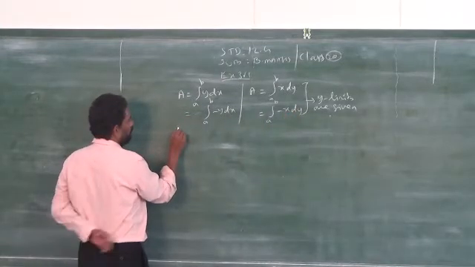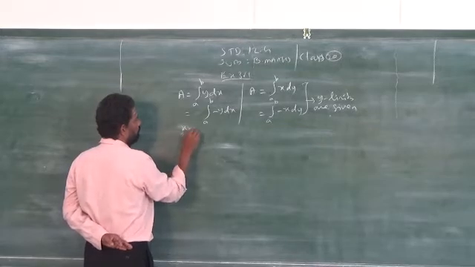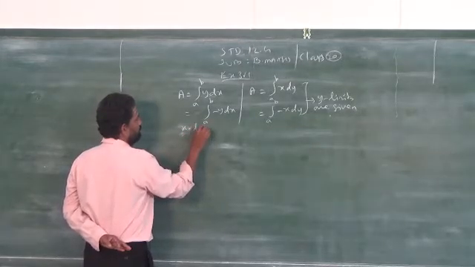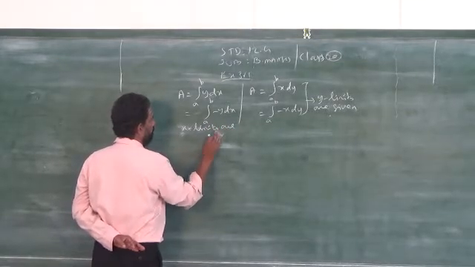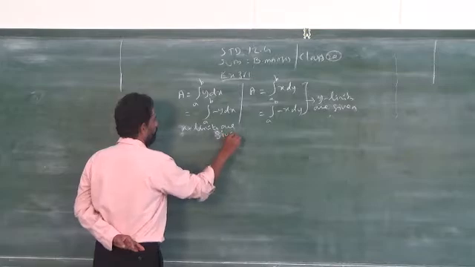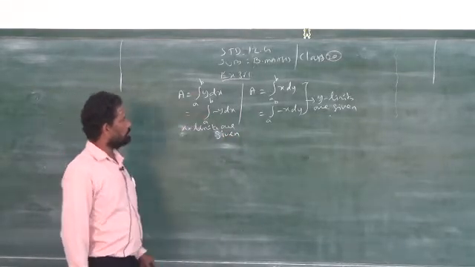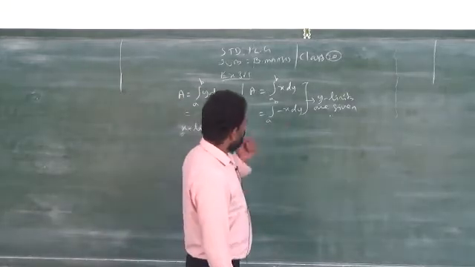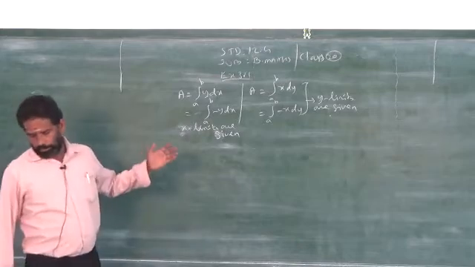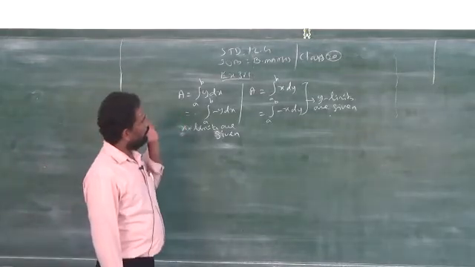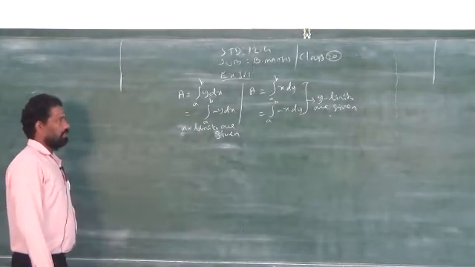And this is for when x limits are given. When the x limits are given, you have to take y dx or minus y dx. If the y limits are given, then you have to take the formula x dy and minus x dy.